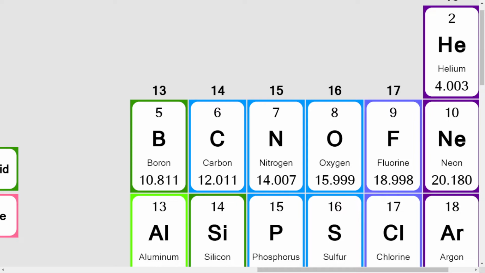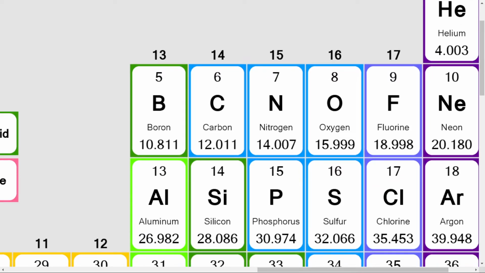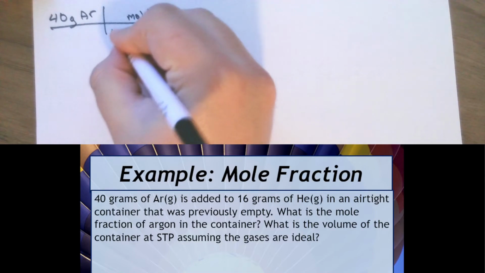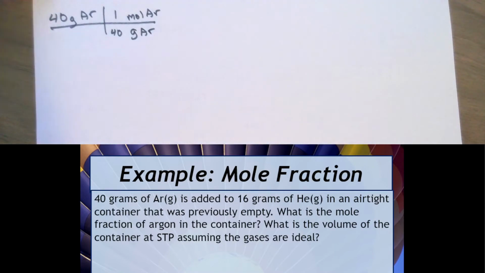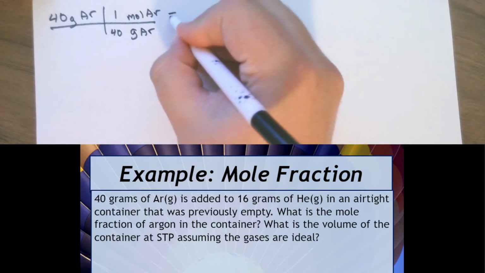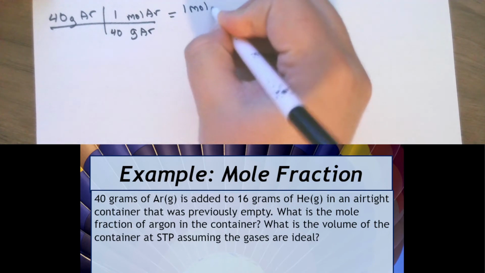Argon is right here. Let me scroll down a touch. There we go. Argon weighs 39.9. We're just going to round it to 40. 40 grams per 1 mole. Now I'm going to solve, multiply the top, divide by the bottom. I just have 1 mole of argon.